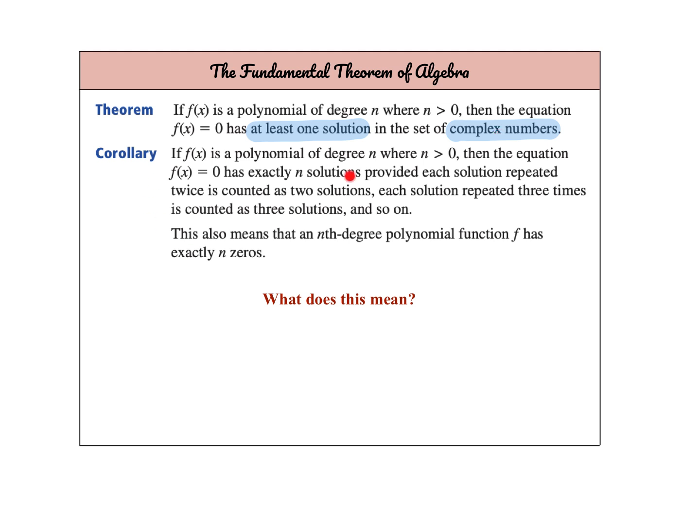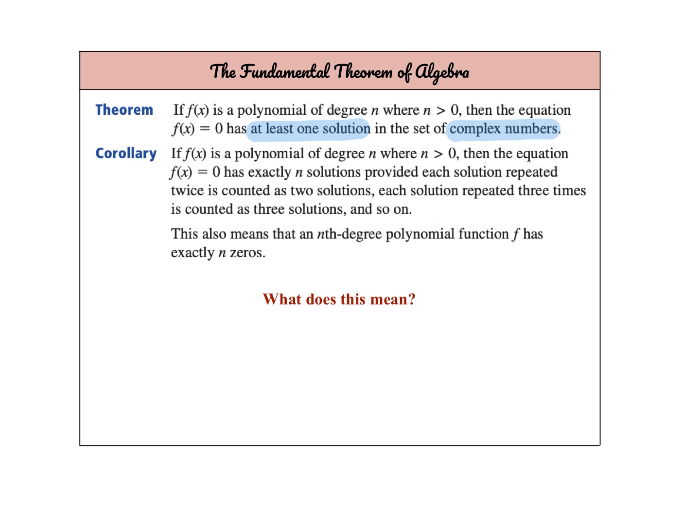So the corollary is actually a little bit more useful to us. What the corollary is saying is that if a polynomial has a degree of n, then the equation f of x equals 0 has exactly n solutions, provided that each solution repeated twice is counted as 2 solutions, 3 times as 3 solutions, and so on. So multiplicities are counted multiple times, and imaginary solutions are counted.